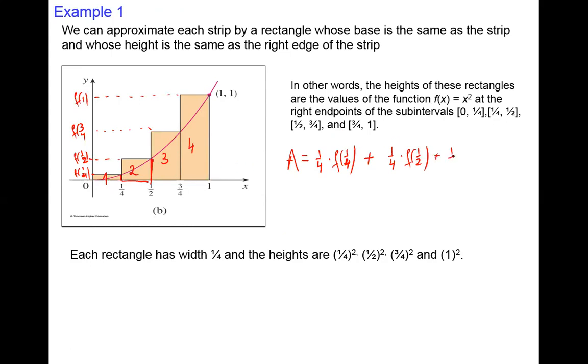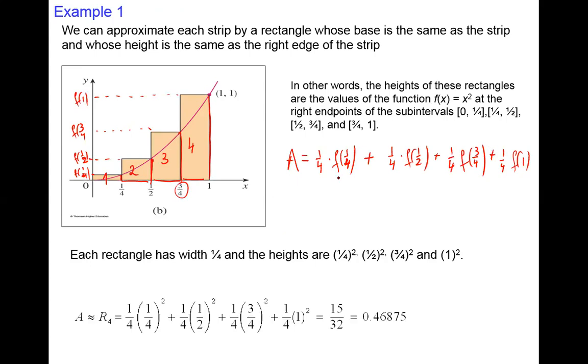And then the third one, it's 1/4 times the value of the function for 3/4. Okay, and the last one, it's 1/4, and the height was the right-hand side point 1. Okay, that means adding all of these, I can get the approximation.